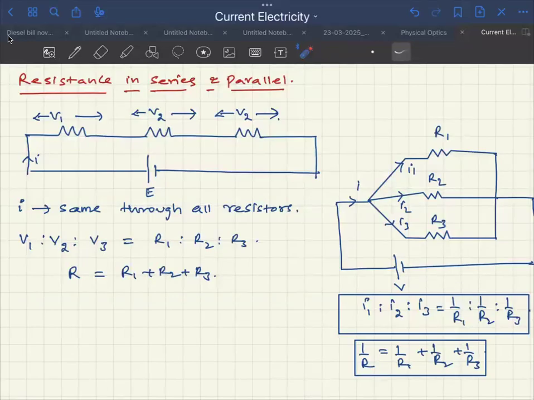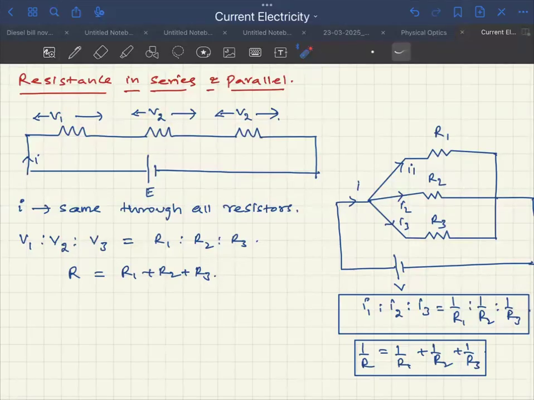What is the meaning of the series circuit? See, resistance 1, resistance 2, resistance 3, they are connected such that it is the same current that flows through all the three. Such an arrangement is called series. There should not be any split.